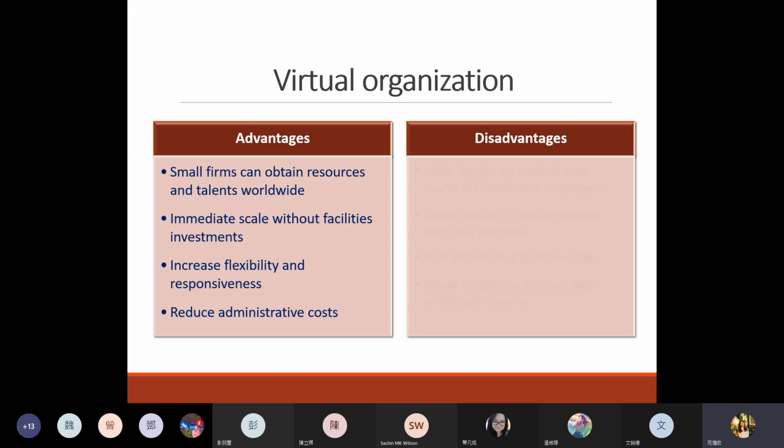There's limited control of the employees that we outsource and limited flexibility, because when we outsource a task or employee to another company, we may have limited control and flexibility because we have different contracts and agreements.